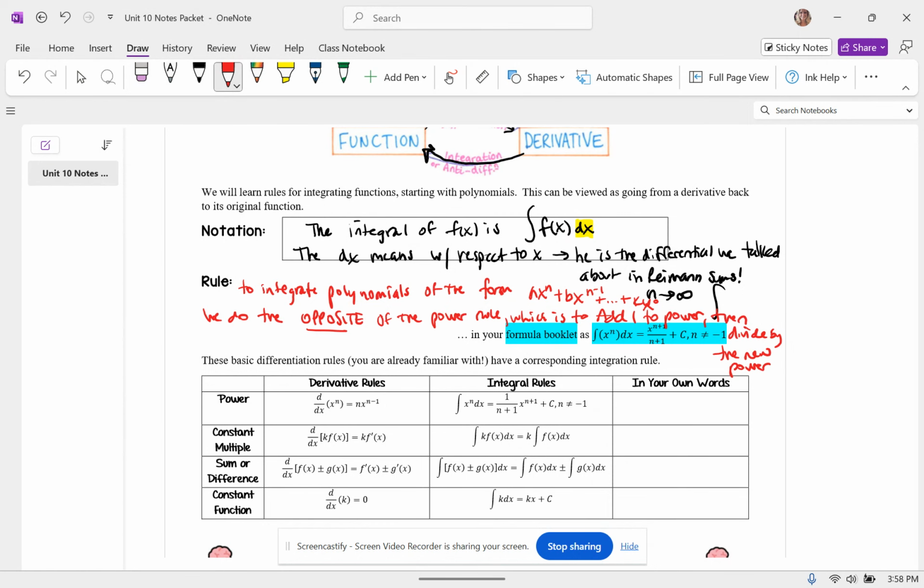Okay? And this is in your formula booklet as this right here. Okay? Add 1 to the power, divide by the new power.